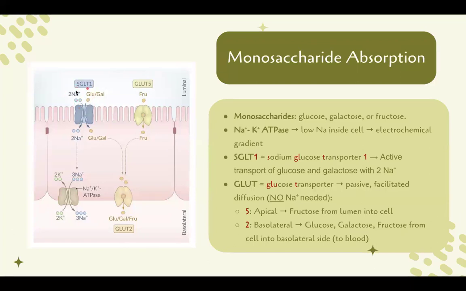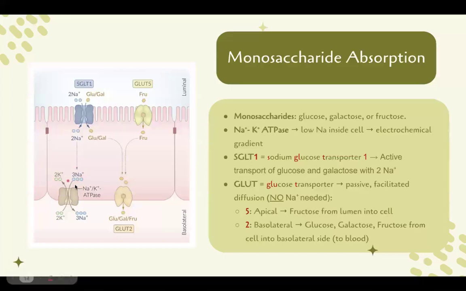Now we said that this needs sodium, right? So in order for sodium to go into the cell, we need to have very little sodium inside the cell. How do we maintain this low sodium here to have an electrochemical gradient for sodium? We need this famous sodium-potassium ATPase, or sodium-potassium pump. And it's usually found at the basolateral side. So what does it do?